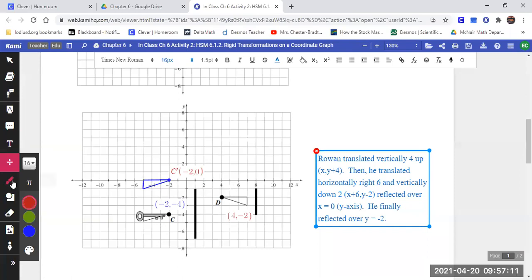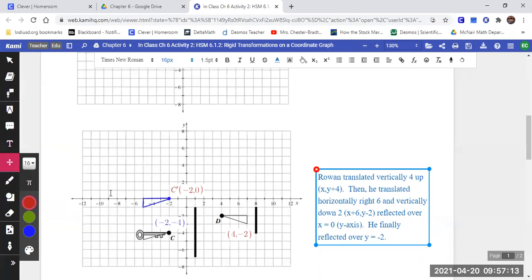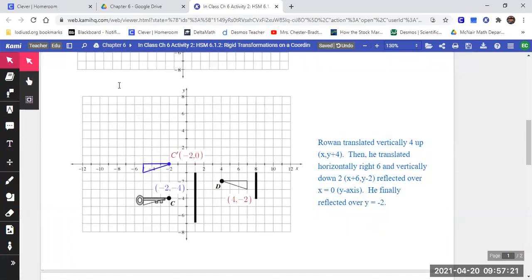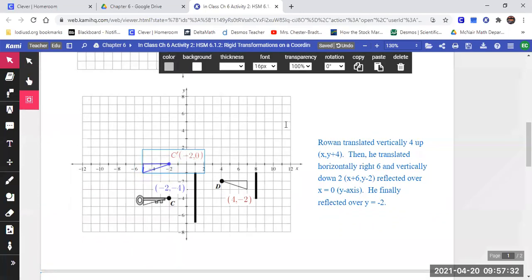So our triangle, we're going to work smart, not hard. We're going to copy and paste the triangle I drew over here. Our triangle that we made here has now slid to here.